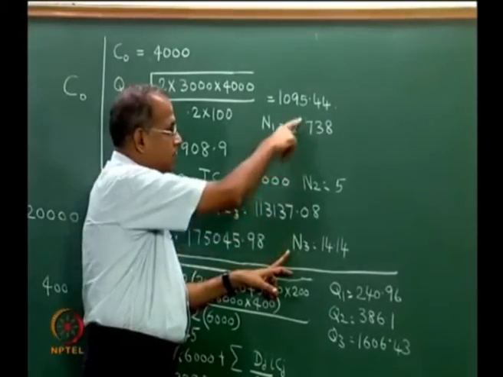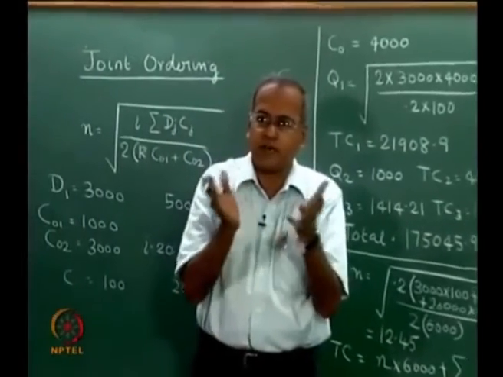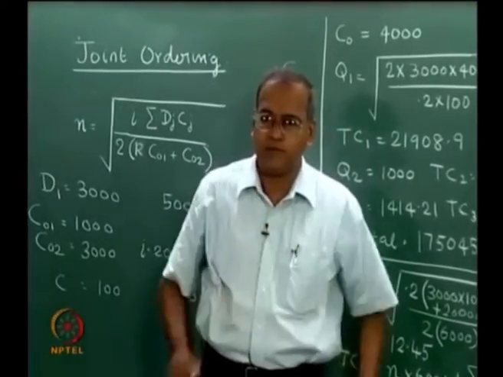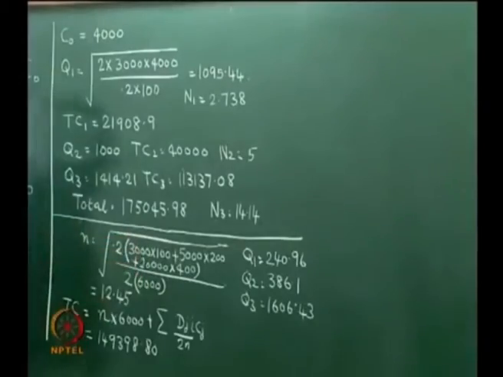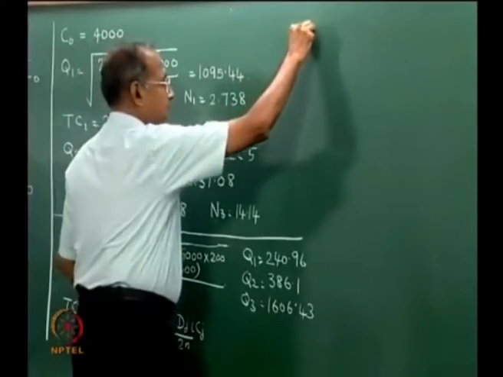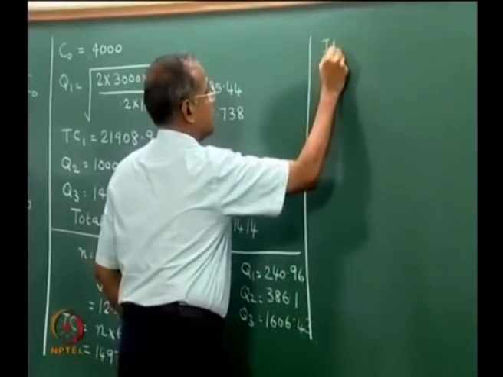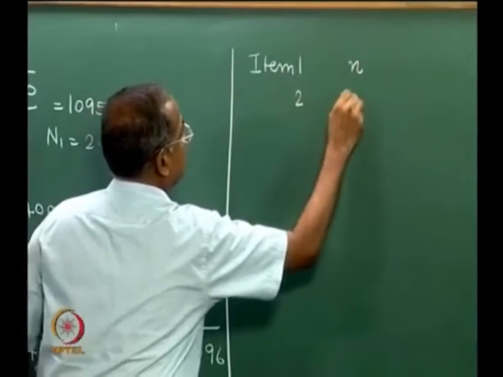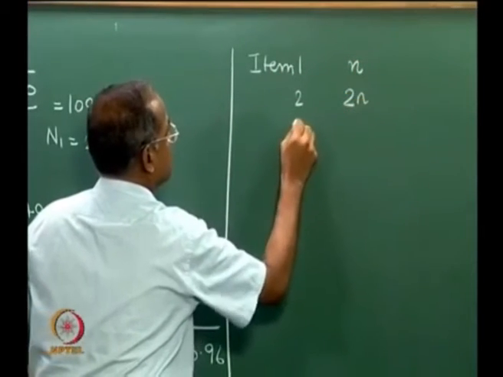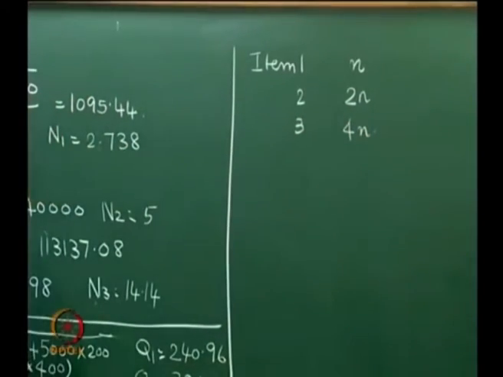So, it is roughly 1:2:5, but then 1:2:4 is a very comfortable integral multiple. So, we could think in terms of 1:2:4, and then we say that item 1 will have n orders, item 2 will have 2n orders, and item 3 will have 4n orders.